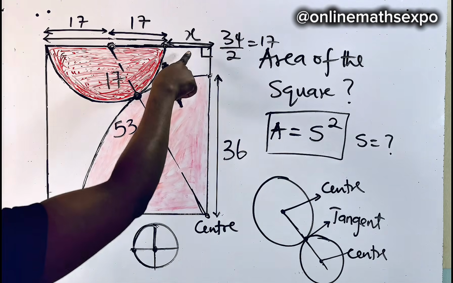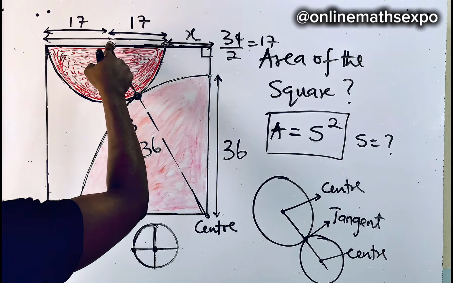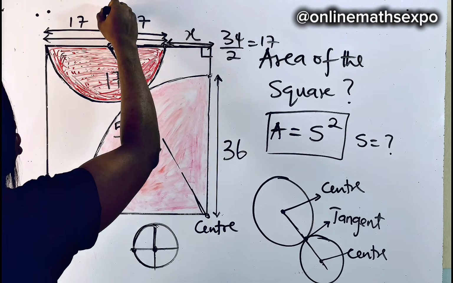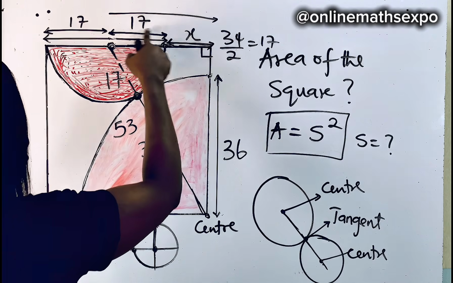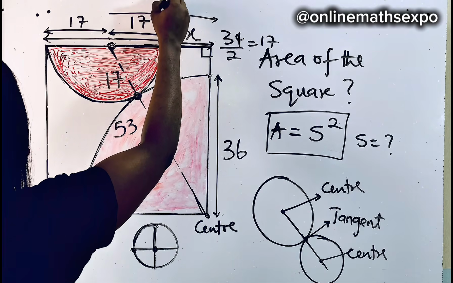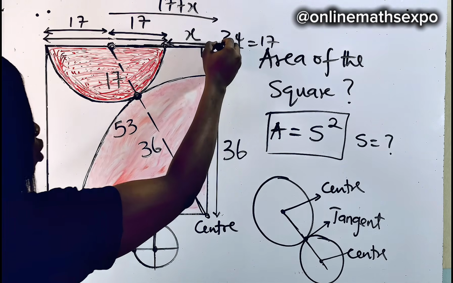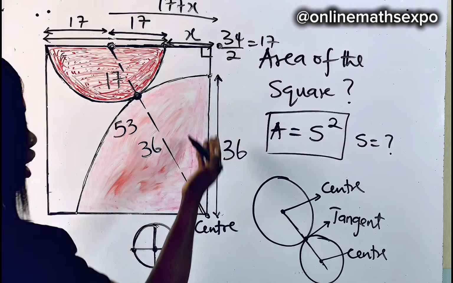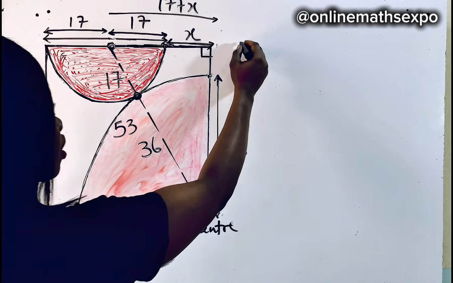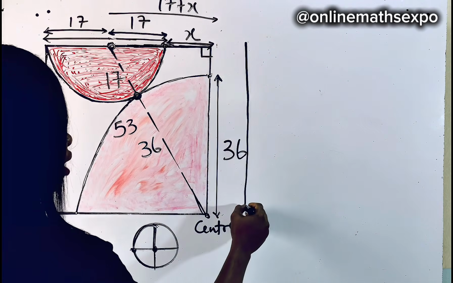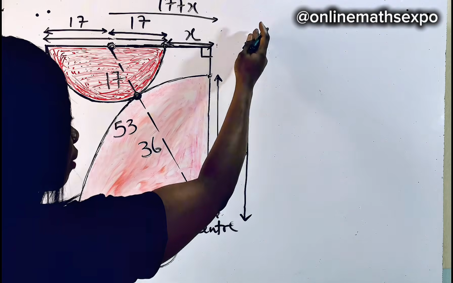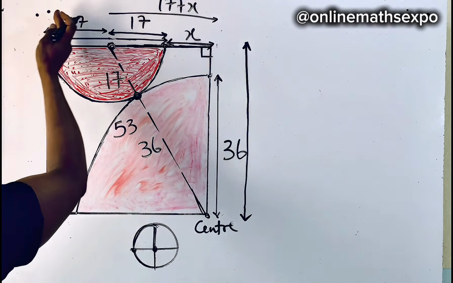If this length measures x, it means that from here to this end is going to give us a total of 17 plus x. Now, what is the length from here to here? To get this total length, remember this length is the same as this.